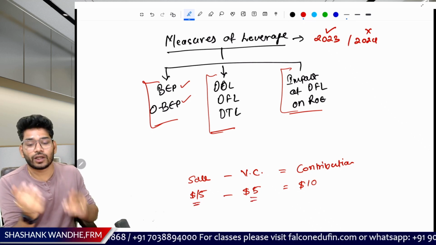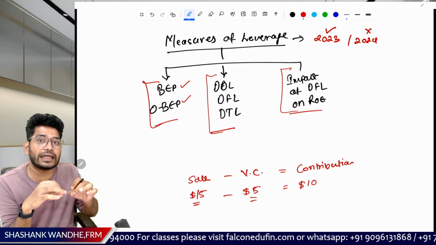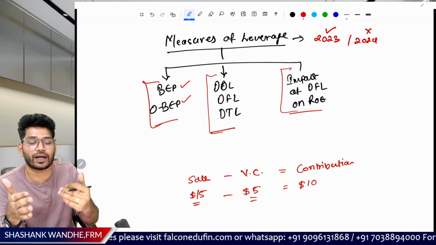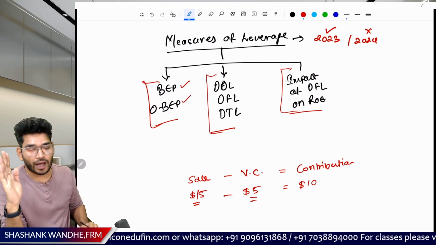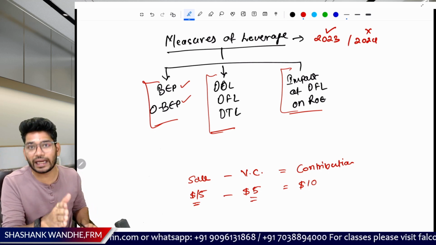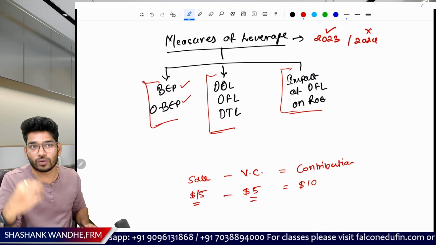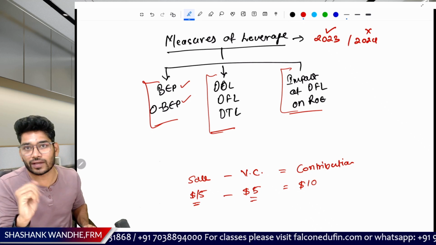This also means you can't produce an extra unit of pizza without incurring the variable cost. This is the direct cost which you are incurring to prepare this pizza, right? So you have to focus on this: sale minus variable cost. Remember, variable cost is the direct, mandatory cost you need to incur in order to produce the extra goods.